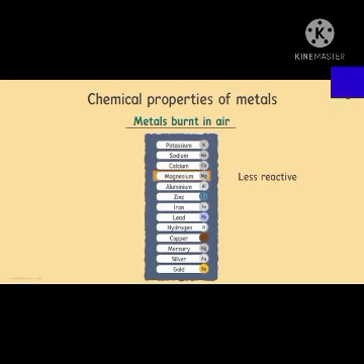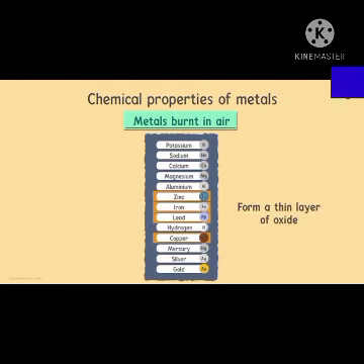But wait, burning in oxygen does not really help us to decide the reactivity of iron, zinc, lead or copper. All we know about these four is that they form a thin layer of oxide around the metals. So just this category of burning metal in air isn't enough for us to judge the order of reactivity of these metals.